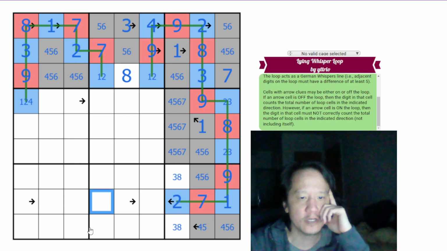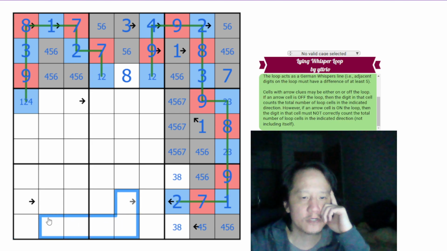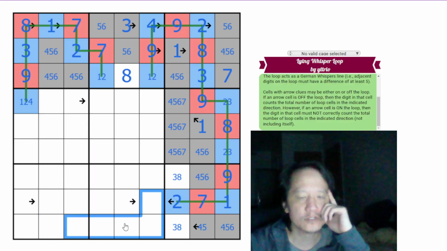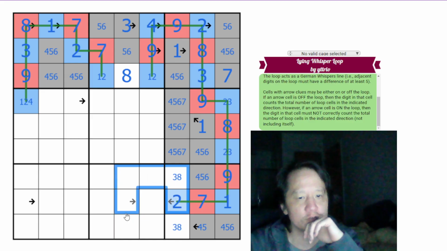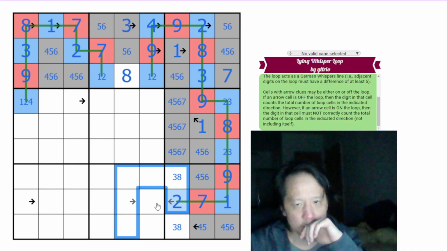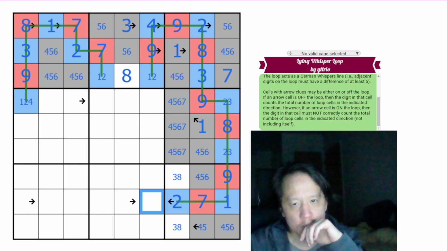So it's either here, or it's here, or it's here, or it's here. Okay, so then this is always going to be in the loop, no matter what. Even if it goes up there. So if this is blue, this is red, this is blue. Let's continue with just this red. So then blue, red.